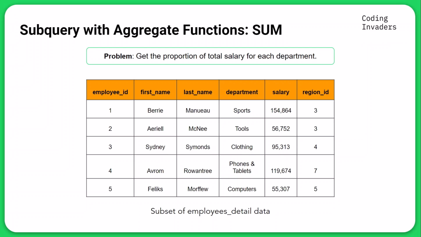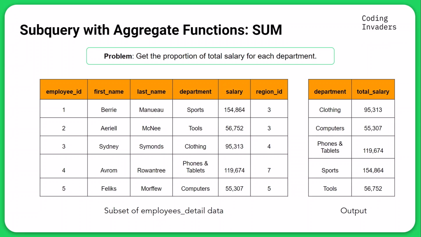Once again, this is a smaller subset of data shown, and we will try to get the proportion of total salary for each department. Looks similar, right? It sounds very similar to the previous question. But the only change is that we want the total salary, correct? So suppose we arrange all our departments alphabetically, we get these corresponding salaries.